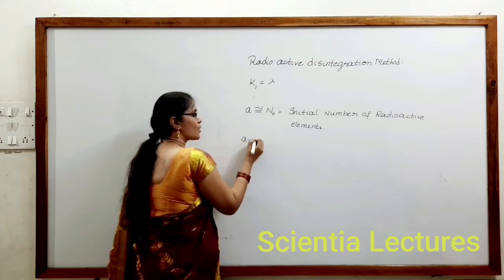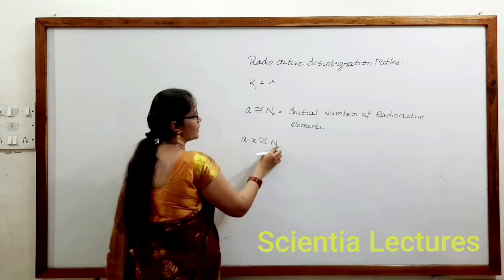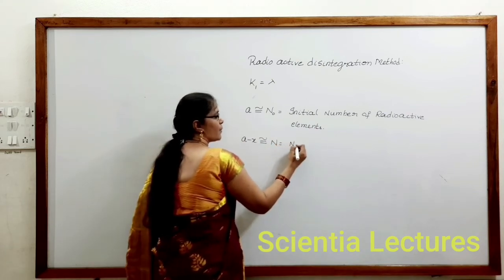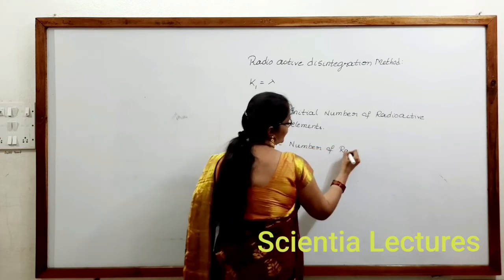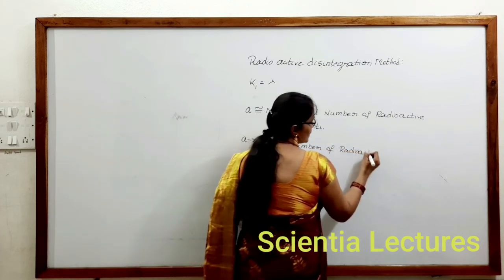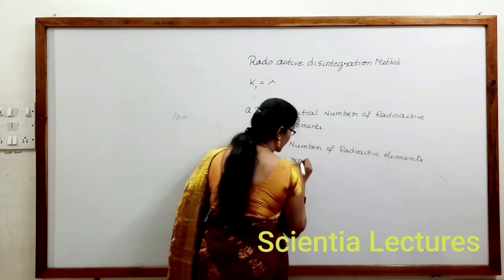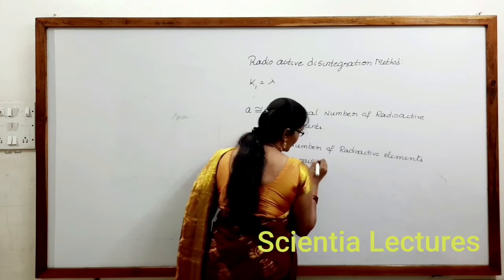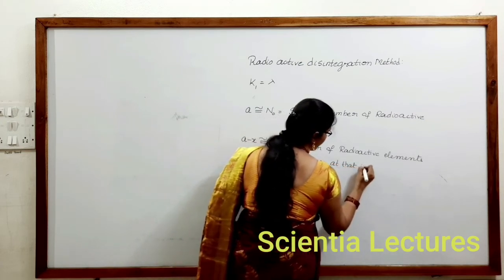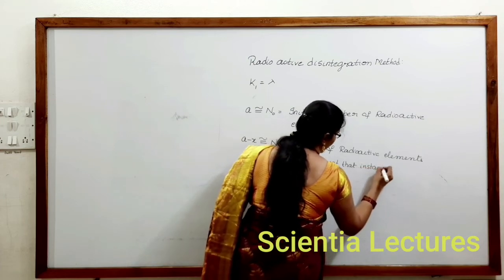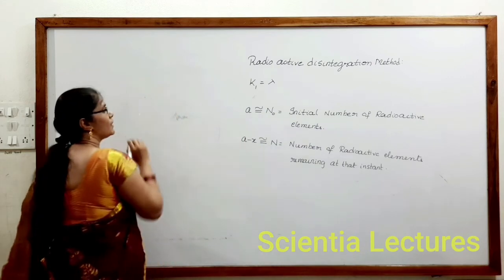What is A minus X? Normally it is the remaining amount. Instead of A minus X, they use the notation N. N is the number of radioactive elements remaining at that instant. So from the notation change, what we generally write is first order.